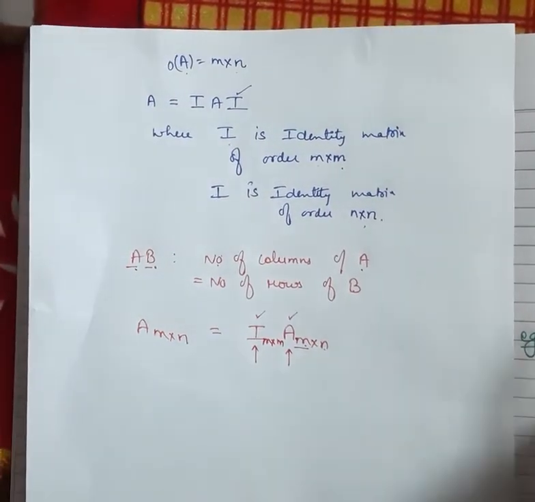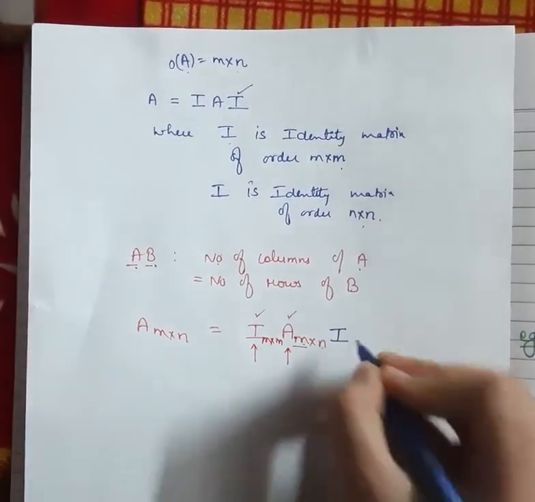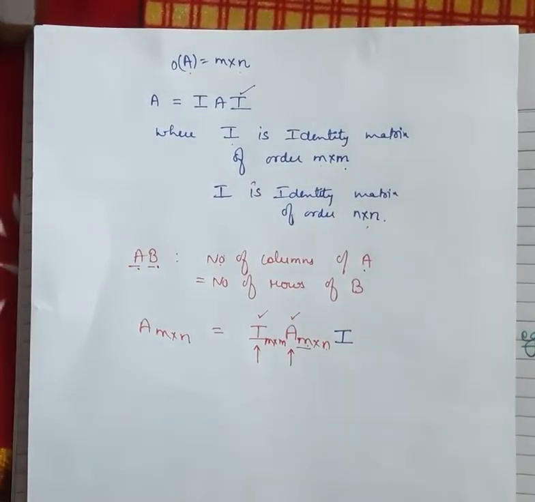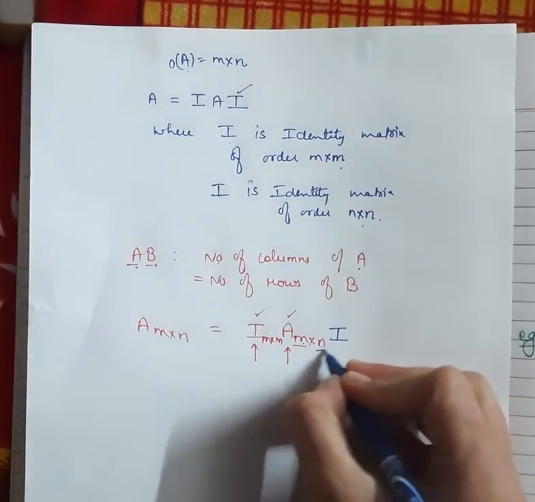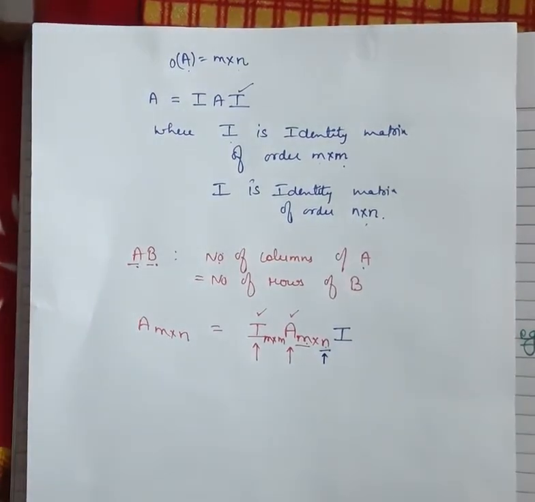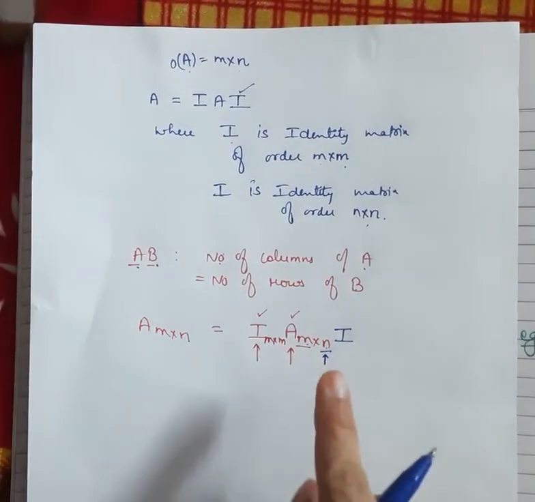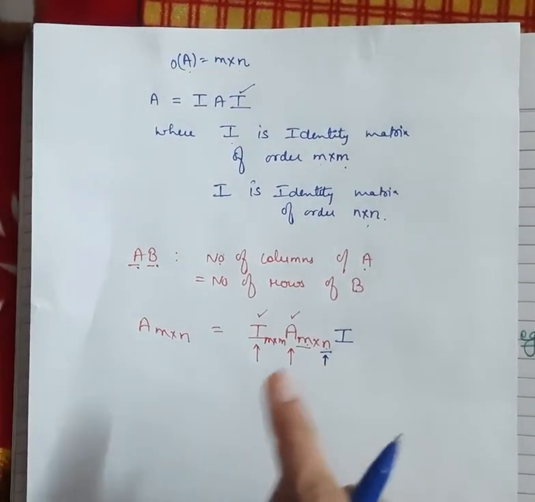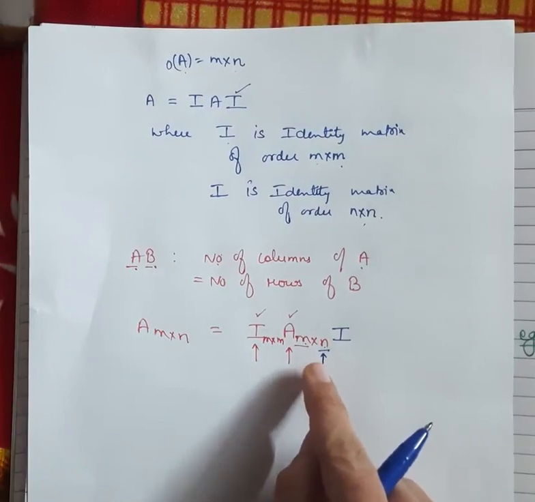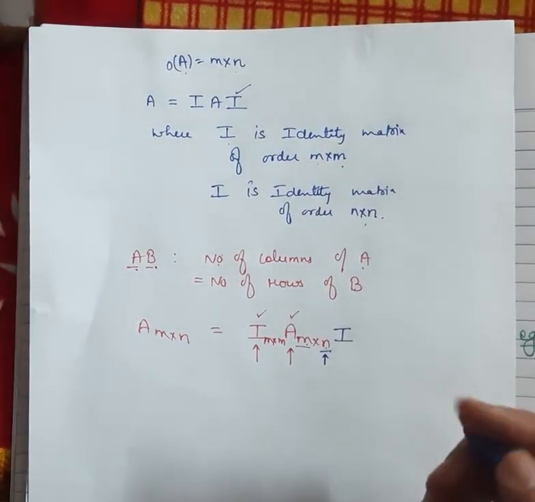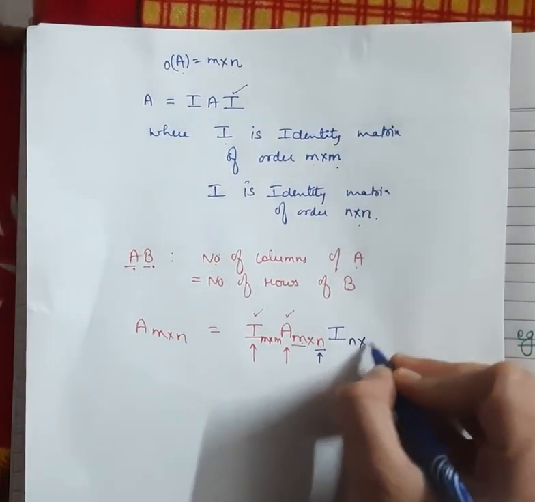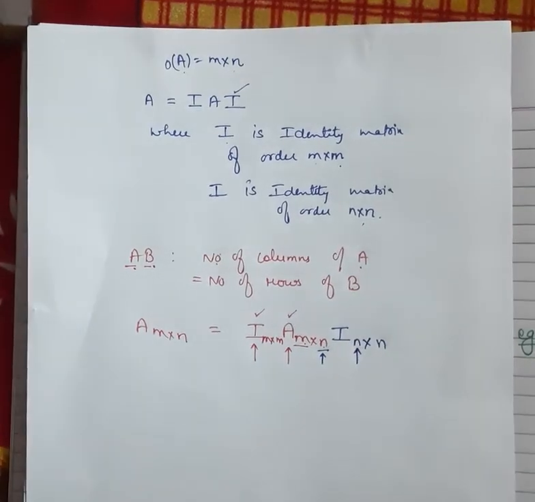Similarly, once we are post multiplying A with the identity matrix, the number of rows in A are m, number of columns are n, and we want that number of columns of A should be same as number of rows in the second matrix, that is it should be of order n cross n.